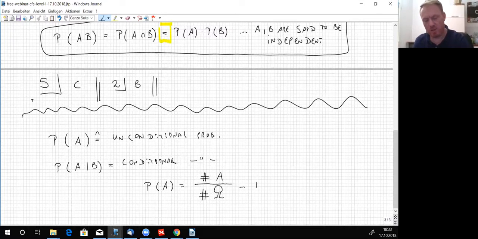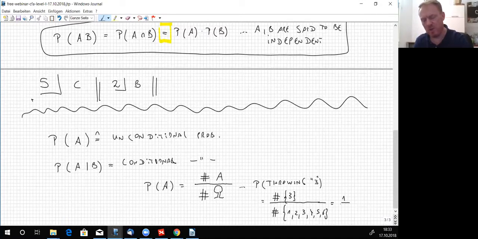So the probability of throwing the number 3 would then be the number of elements of this set divided by the number of elements of that different set that is made up of 1, 2, 3, 4, 5, and 6.